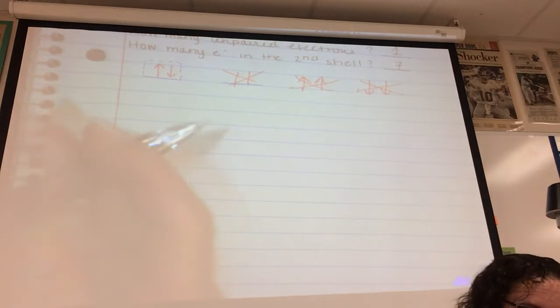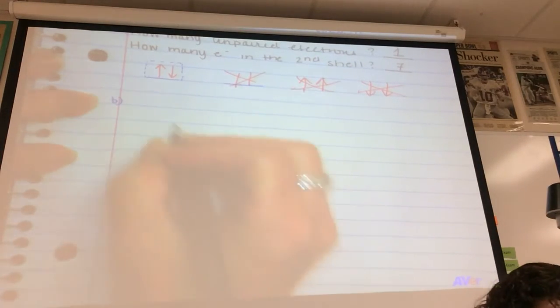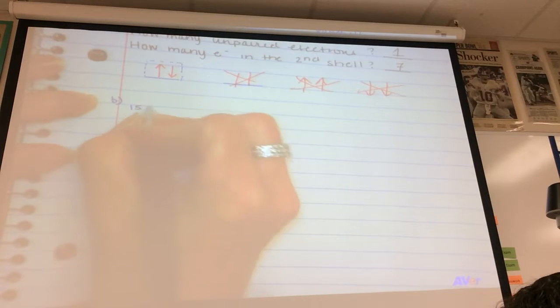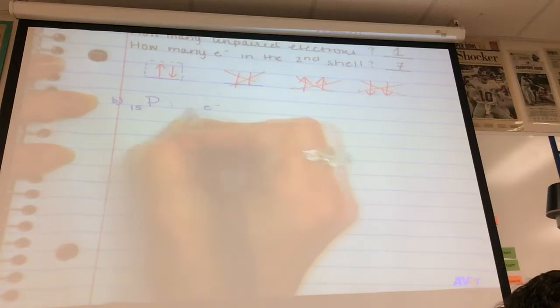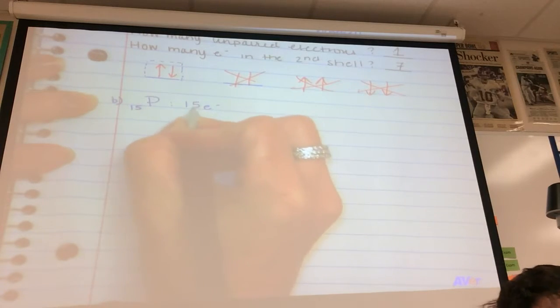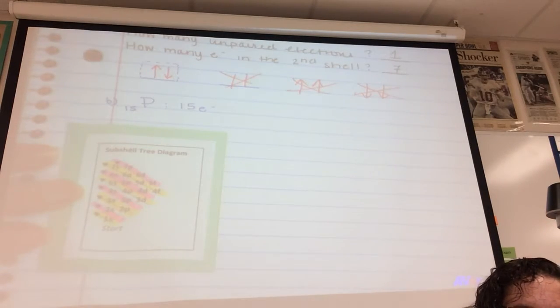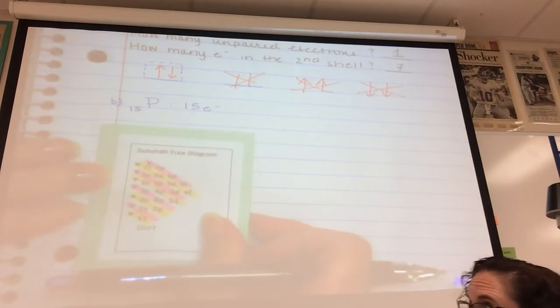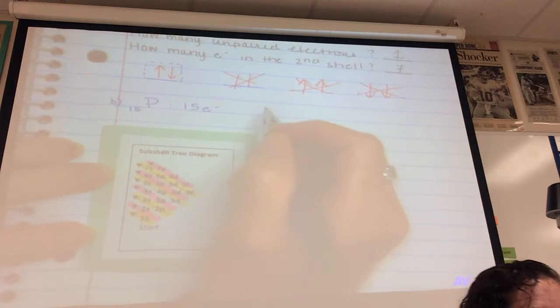The next one is phosphorus. Phosphorus has an atomic number of 15. How many electrons? 15. Alrighty. Raise your hand if you want to do it with me. Who wants to write it with me? Okay, go ahead. You're Ashley, right?